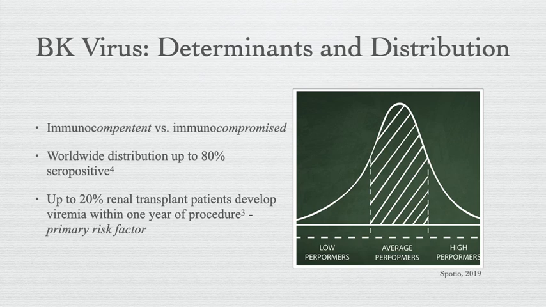The ultimate complication of BKV in these recipients is its associated nephropathy. In other words, kidney tissue damage from viral replication going unchecked by the host immune system. Up to 20% of renal transplant recipients develop viremia within 1 year of the procedure being done. This is the primary risk factor.